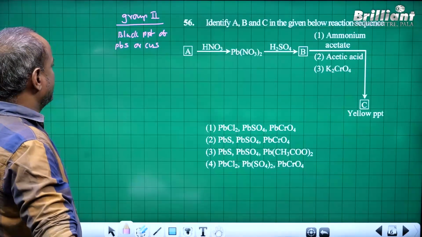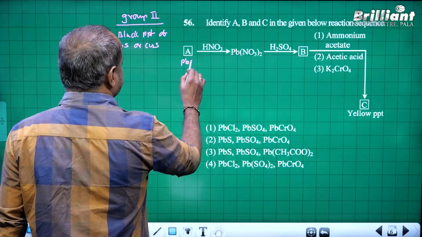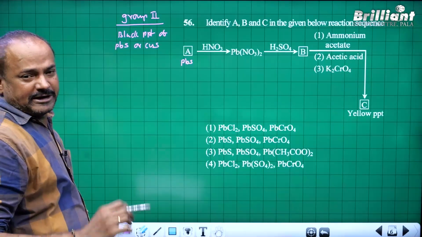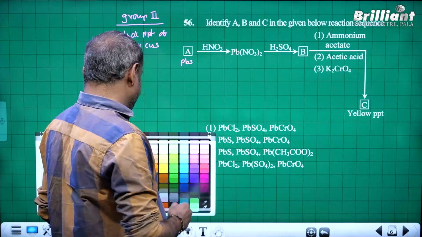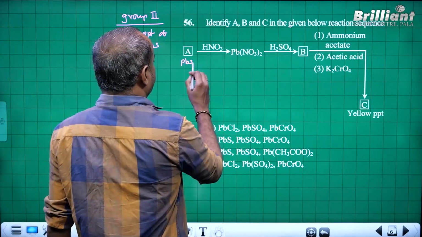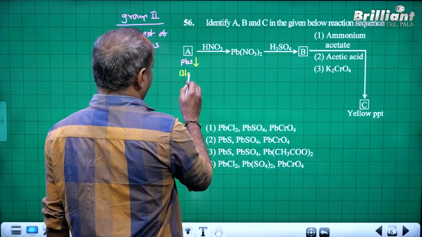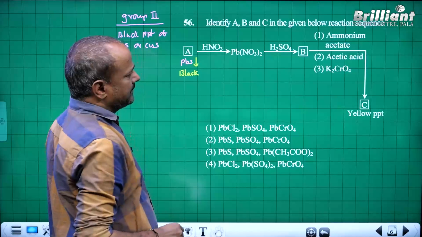So black PPT confirms it is a lead sulfide or copper sulfide, but question is for lead only. So it must be A, lead sulfide, that precipitate first dissolve in nitric acid. This is PPT, color black.